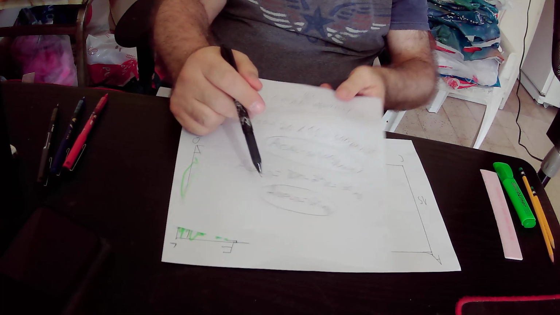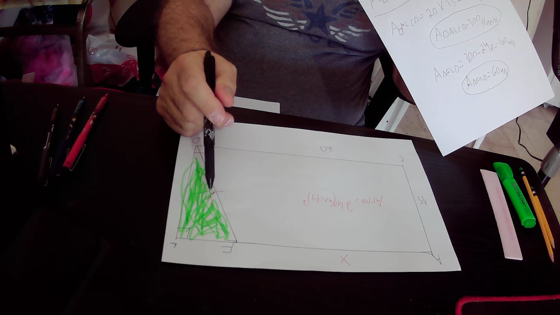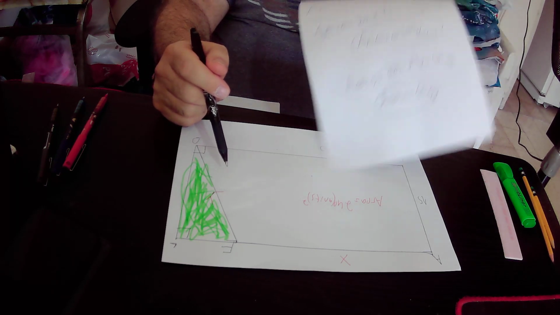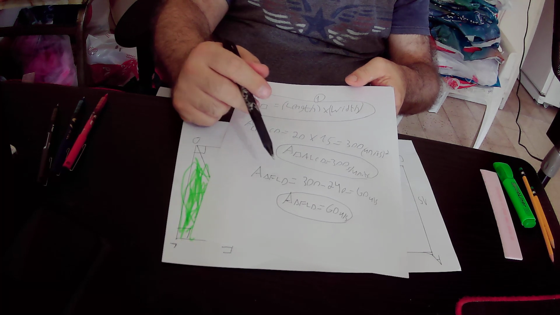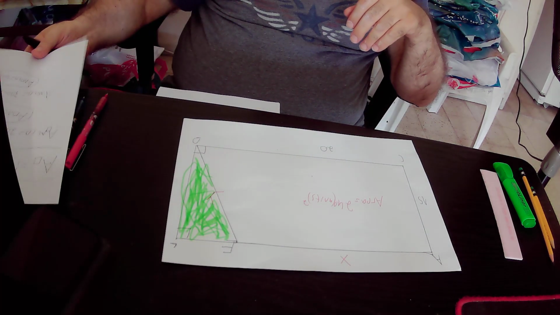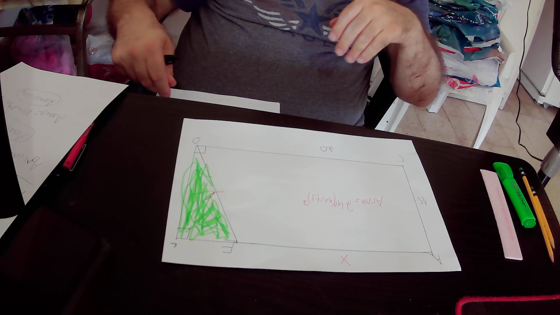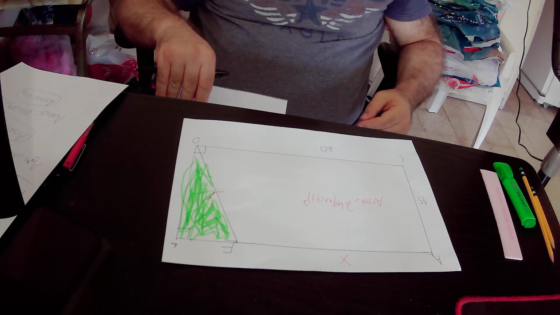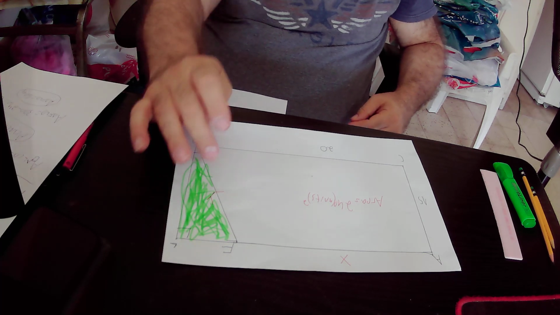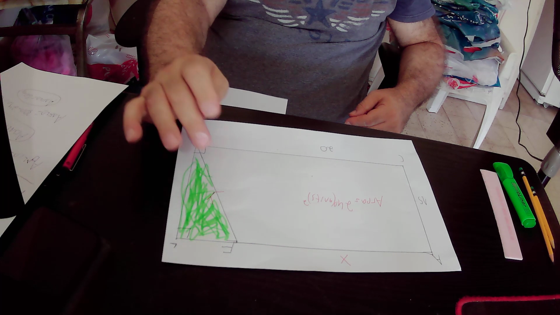So the area of the green right triangle FLD equals 60 units squared.